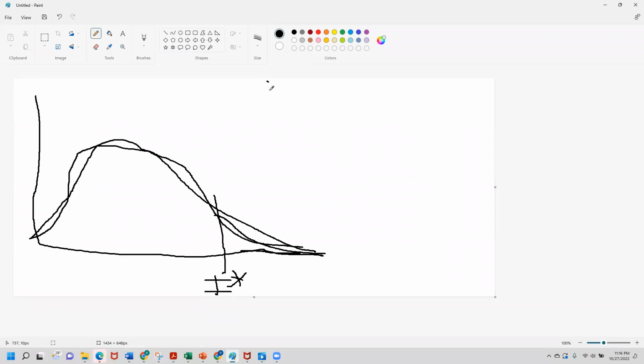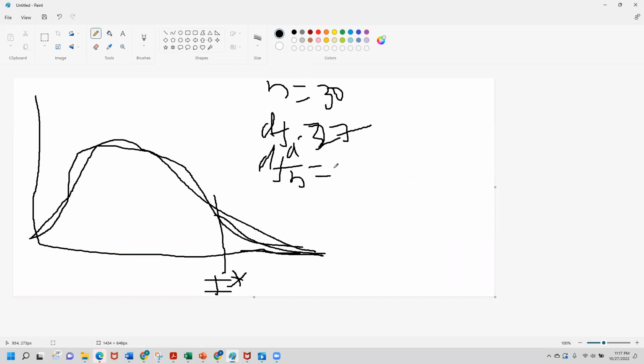With n equals 30, the df of the denominator is 27. The df of the numerator, if there are 3 samples, 3 groups, would be 2. So 2 and 27, that's what you will see.